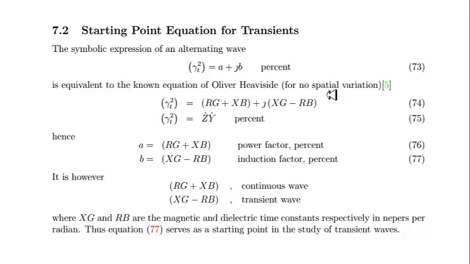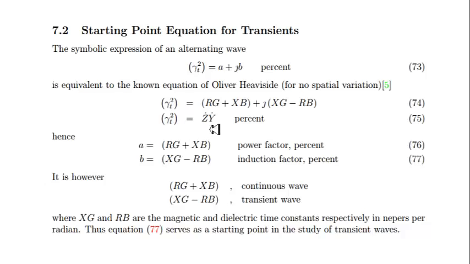Now, I have not been able to find a reference for this written by Oliver Heaviside. I've seen Eric Dollard present this, but I've never seen anything from Oliver Heaviside. I haven't been able to find it. So if anyone out there has a reference to this equation written by Oliver Heaviside, maybe it's in one of his books, maybe it's in one of his papers, I would really like to get this reference, because if I do write a paper about this, I want to be able to reference this equation.